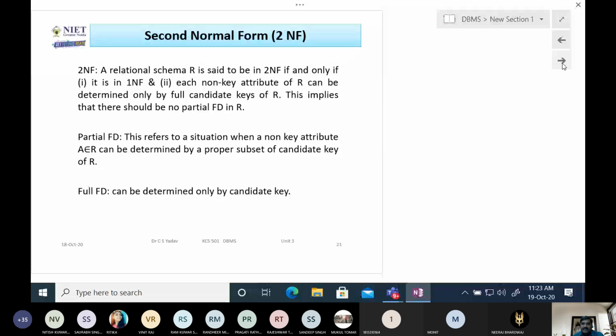If there exists a partial FD in the relation, then your relation is not in the second normal form. So we decompose that table into smaller tables to remove this partial FD. And a full FD can be determined only by the candidate key. Did you get it?